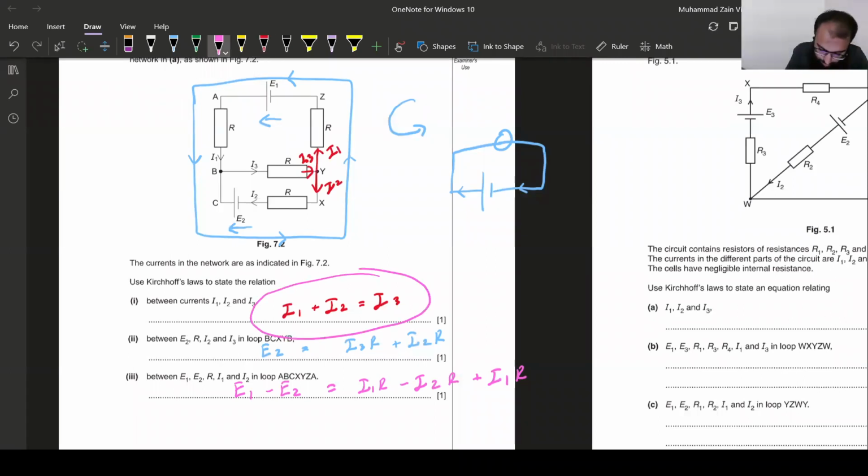Just apply this relationship. What this tells me is that I3 equals I2 plus I1. That's how I know this. I hope it's clear. Okay, just a minute and then we'll proceed with the next part.